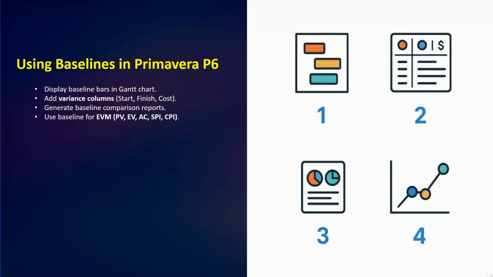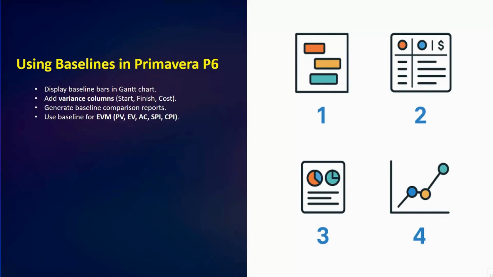PV is the planned value, which is the foundation for measuring earned value, EV. Then we have AC, the actual cost, SPI is the schedule performance index, and CPI is the cost performance index.